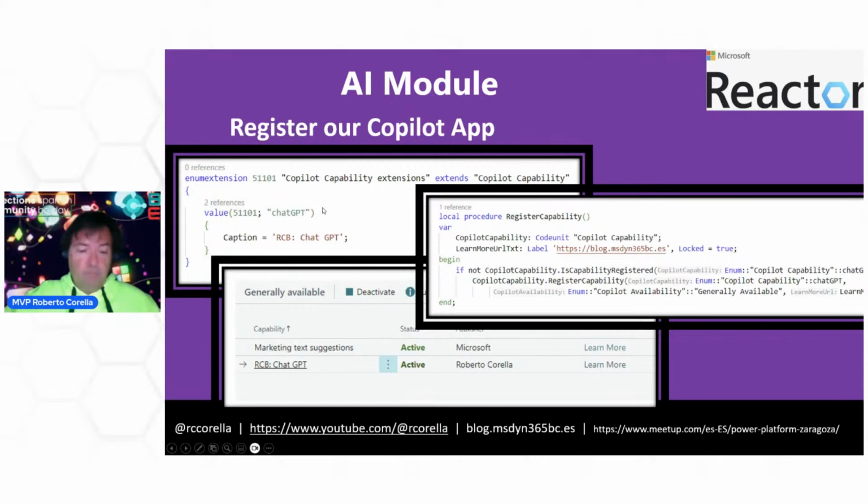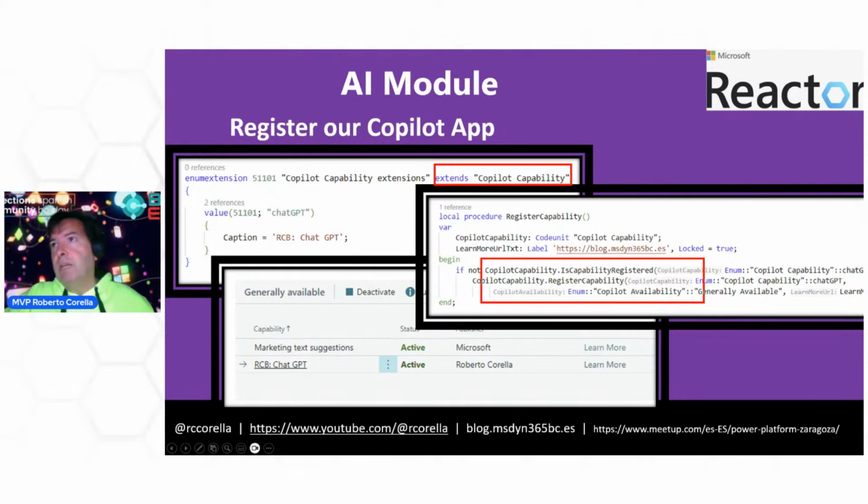We can firstly create an extension for Copilot capability, which is the list of items in our system, our list of copilots in our system. Later we have one code unit to register the application in the capabilities of Copilot, right?